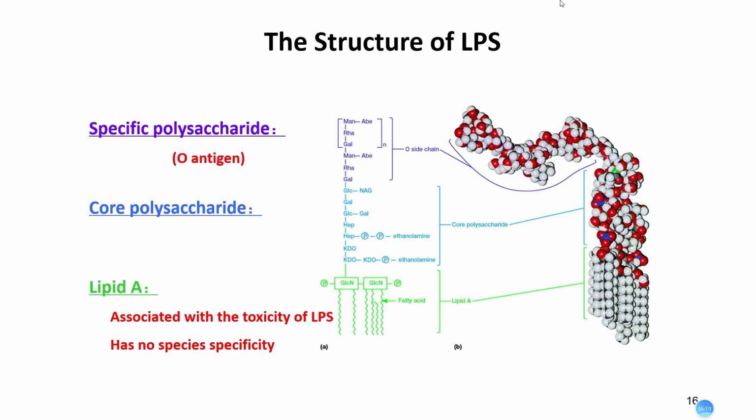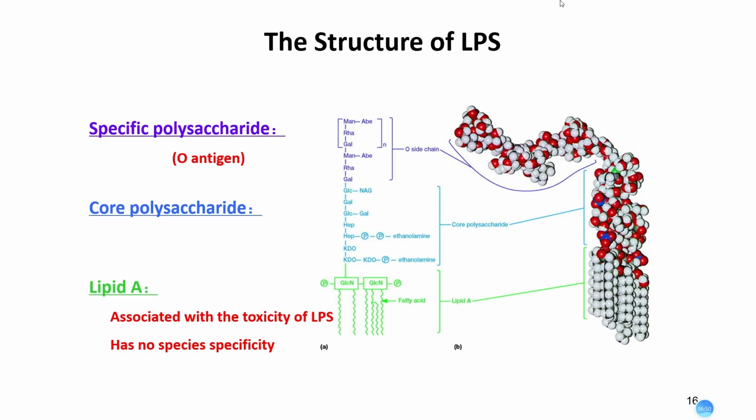LPS is very important for either research or clinical practice. When we give our patients some medicine, especially some liquid into the body, you want to make sure that it does not contain any LPS, or it can induce problems based on the amount of LPS contaminating the liquid.